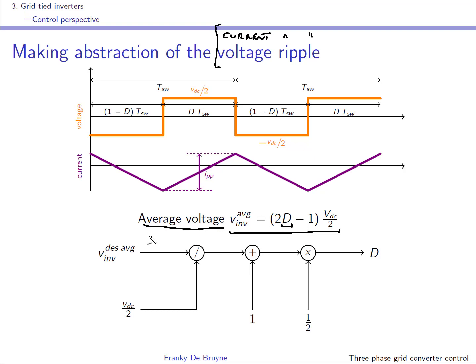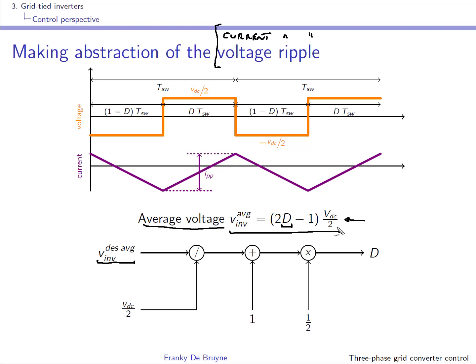So if you desire a certain average voltage at the output of your inverter over a given switching period, we will have to use this formula and turn it around.